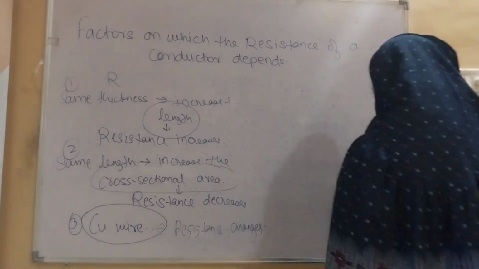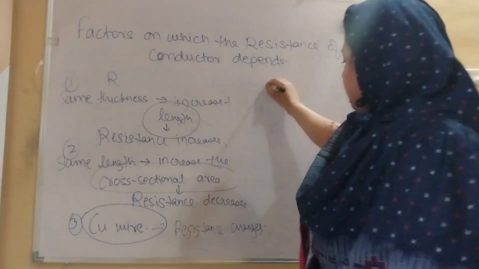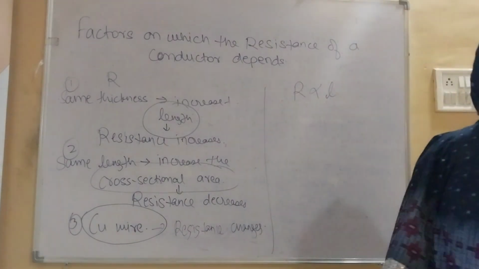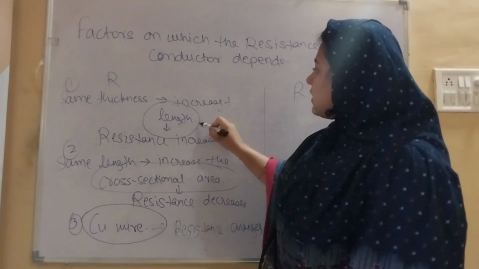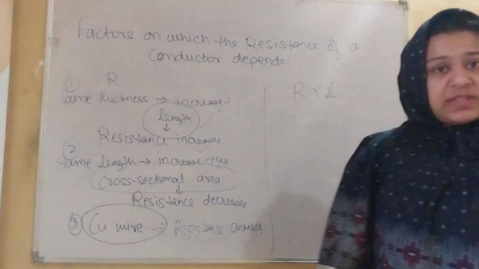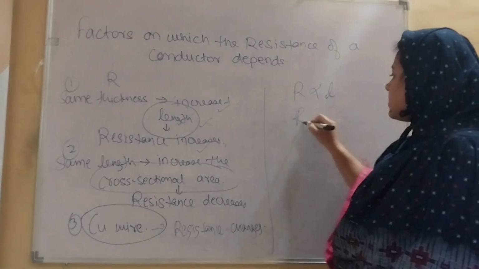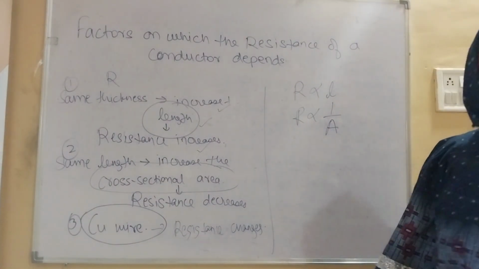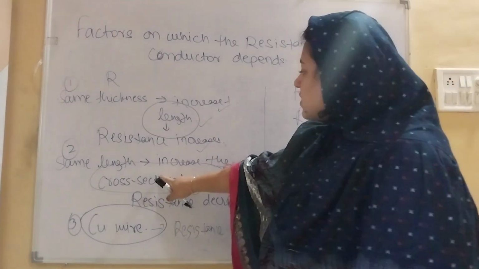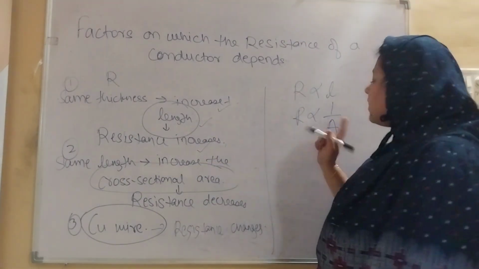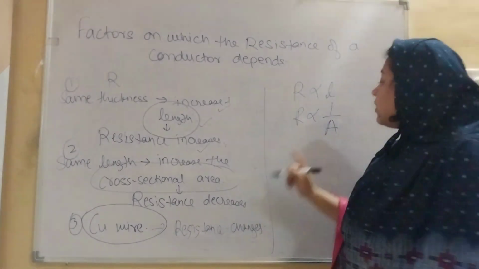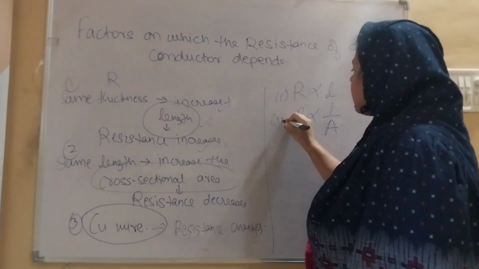So from the activity we conclude that resistance is directly proportional to the length, since if length increases, resistance also increases. The resistance is inversely proportional to the area of cross section, because if the area increases, the resistance decreases.